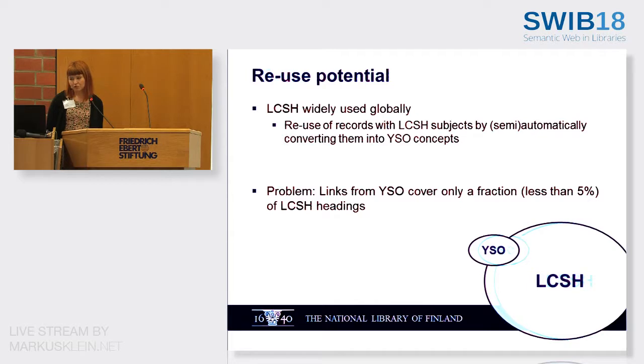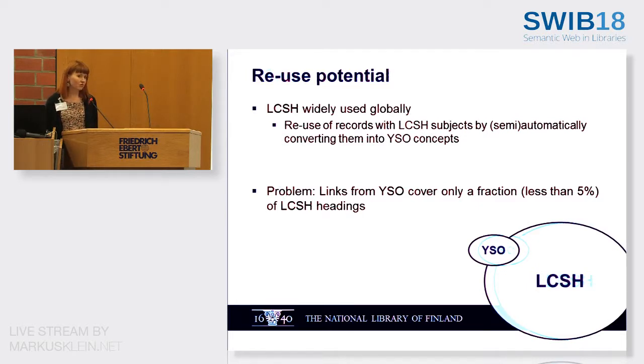Then on to reuse potential, or the reasons why we are doing this. LCSH is used globally and widely, and like mentioned, we get a lot of copied records that already have LCSH headings. We'd like to be able to automatically or semi-automatically convert them into YSO concepts.